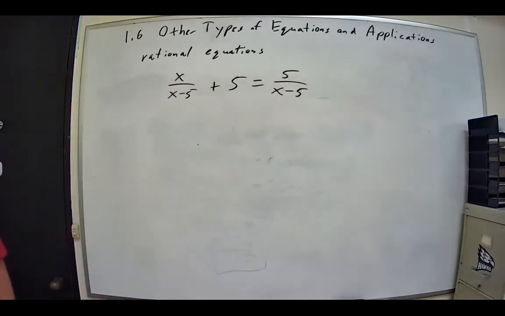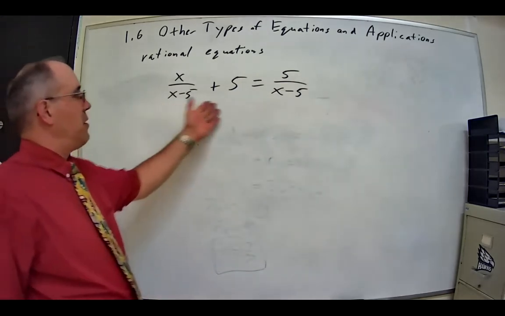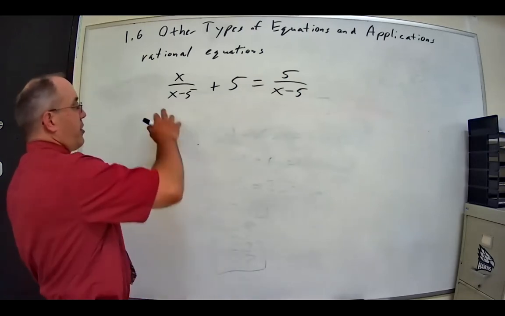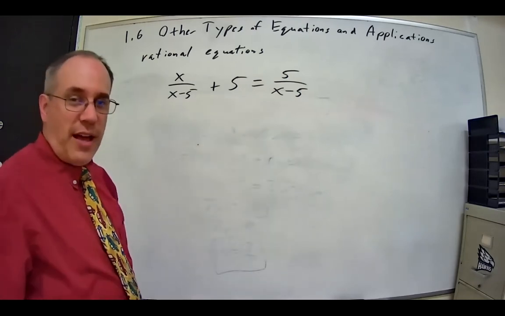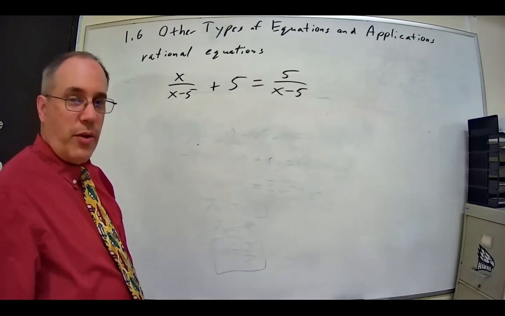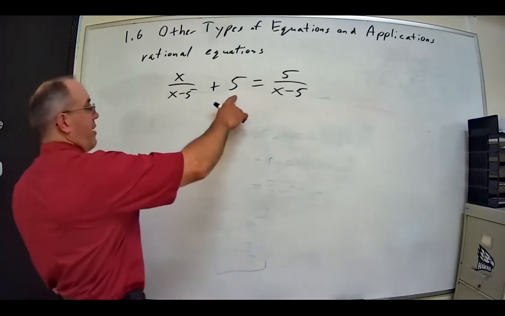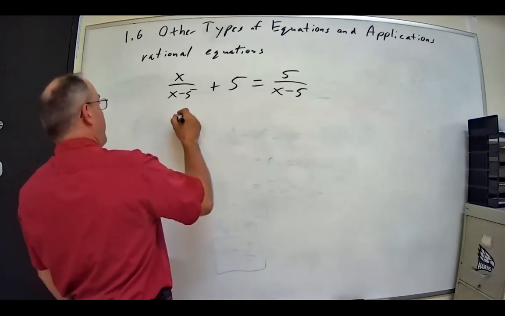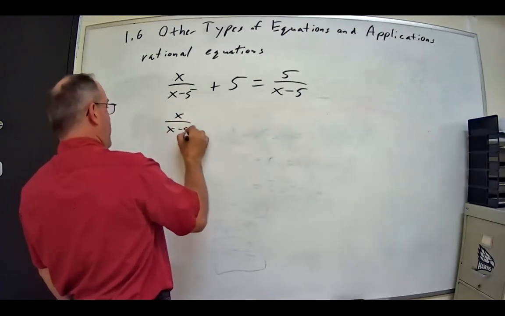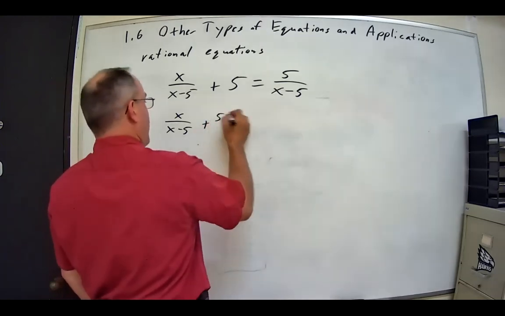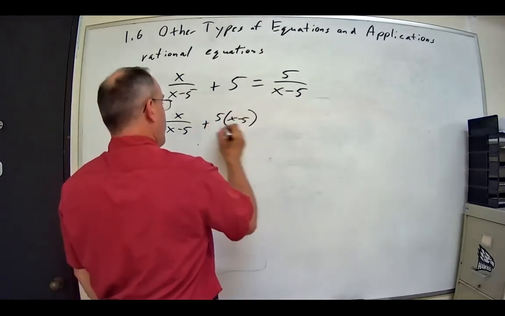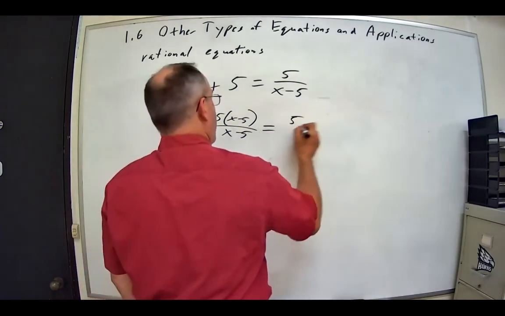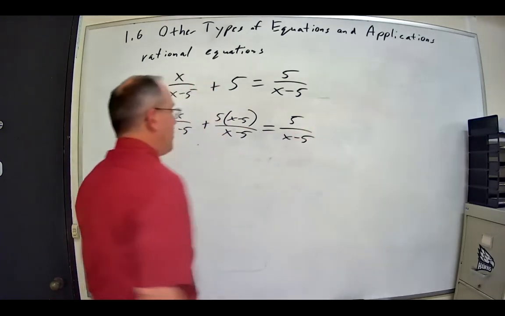Okay, so we've got our rational equation here, and we look and say, well, obviously x minus 5 is the common denominator we want to deal with. So I really only have to change that one. So I have x over x minus 5 plus 5 times x minus 5 over x minus 5 is equal to 5 over x minus 5.